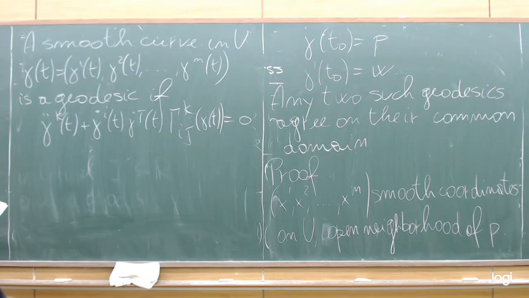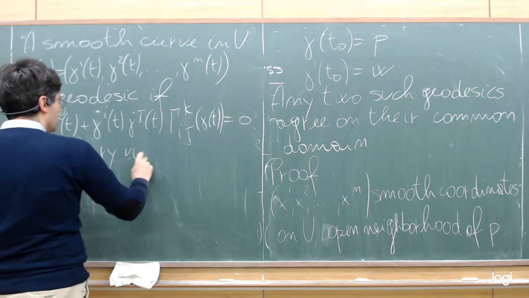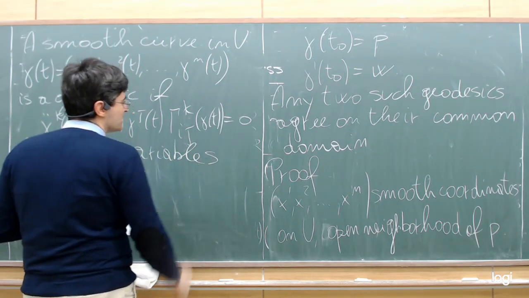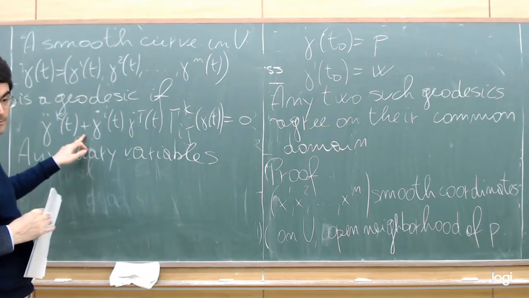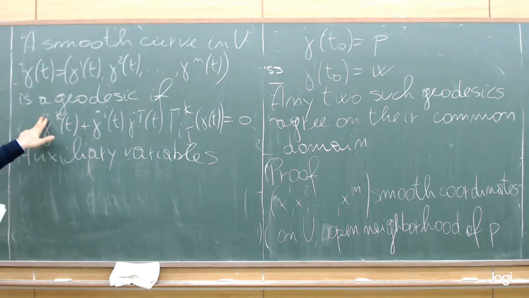Now we introduce some auxiliary variables. The reason is that this is a system of ordinary differential equations of order 2.